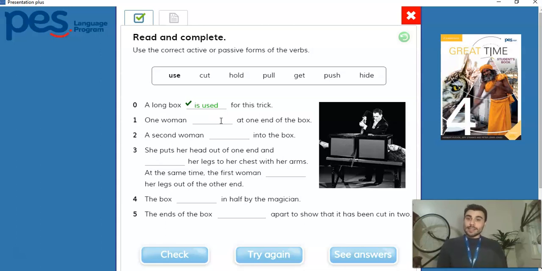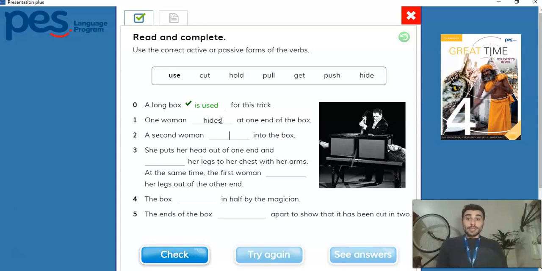So number 1 says, one woman at one end of the box. Tricky one. I think here we have the verb hides, right? In the active form. Because we're saying a woman does something. Not something is done by the woman. Yeah? Good.